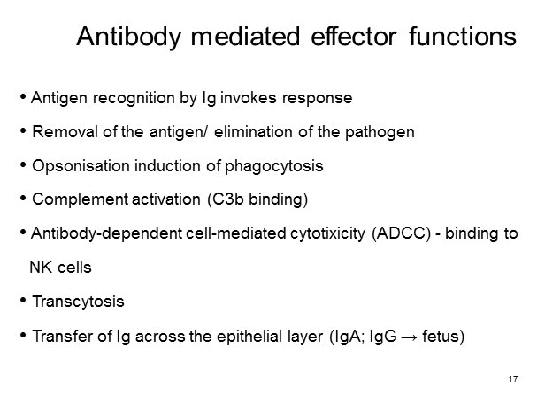This is where we have binding of our antibody and immunoglobulin to NK cells, and it is specific to NK cells. Transcytosis can occur here, as well as transfer of immunoglobulin across the epithelial layer, for example IgG and IgA being transferred to the fetus. As I mentioned before, this is an essential way that newborn infants are protected by the mother's antibodies.